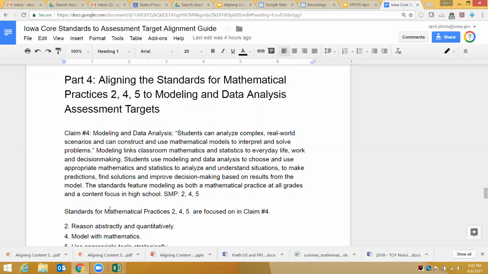Modeling links classroom mathematics and statistics to everyday life, work, and decision making. Students use modeling and data analysis to choose and use appropriate mathematics and statistics to analyze and understand situations, to make predictions, find solutions, and improve decision making based on results from the model. The standards feature modeling as both a mathematical practice at all grades and as a content focus in high school.